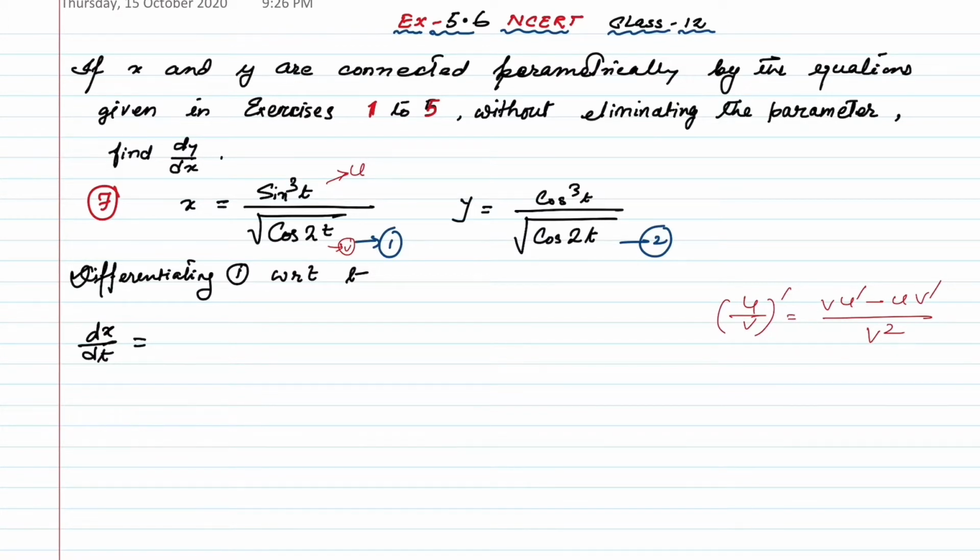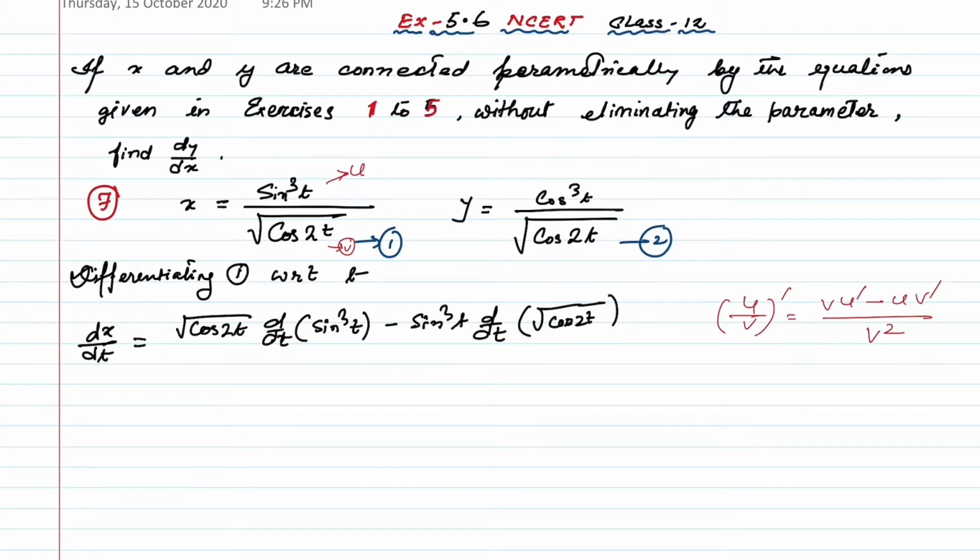Okay, so if we apply this rule, the denominator is root cos twice t and the derivative of the numerator d by dt of sine cube t, minus numerator sine cube t times the derivative of the denominator, that is root over cos 2t, by denominator square, that is root over cos 2t whole square.